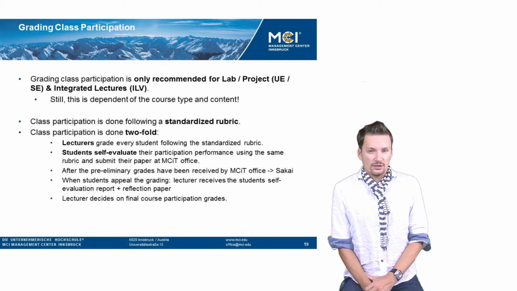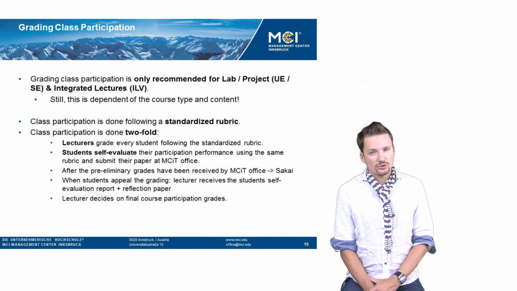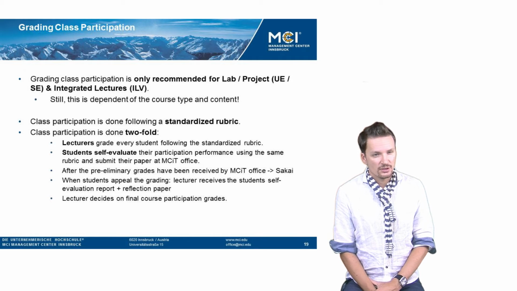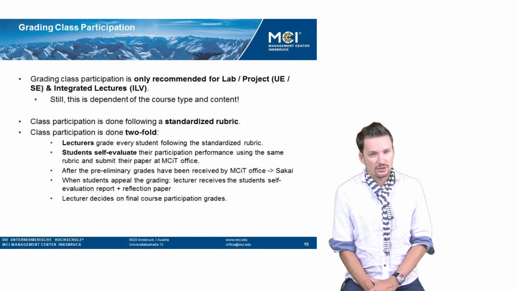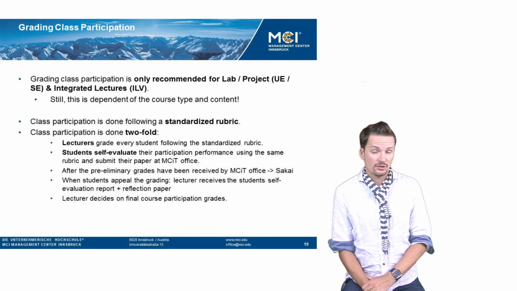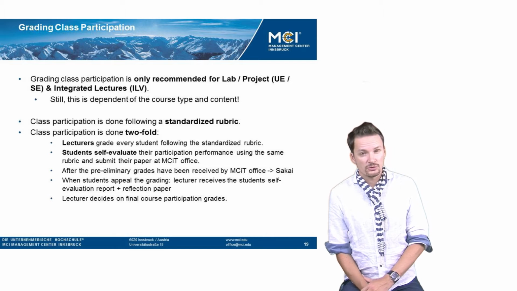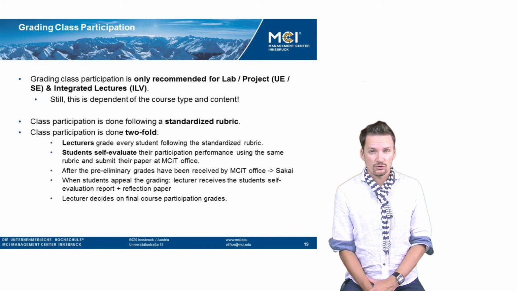And if you want to appeal against an examination, then you have the chance to submit your self-evaluation report and a reflection paper on why you think you did better than the lecturer evaluated you. Afterwards, the lecturer can decide on the final course grade.